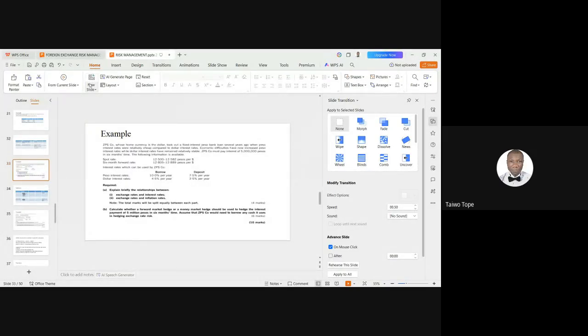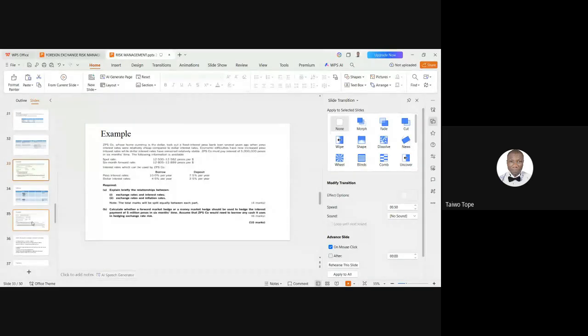So the forward market hedge will be for you to convert the dollar cost of the peso interest using the forward market. It will be 5 million divided by 12.805. The simple formula for forward is your exposure value divided by the forward rate. Since this is a payment, we divide by the lower value.